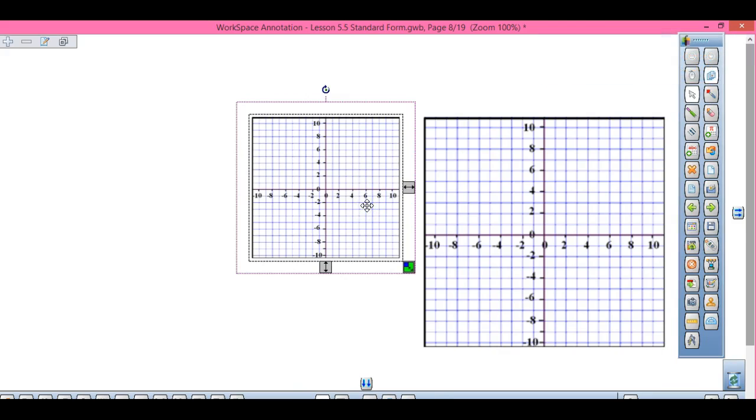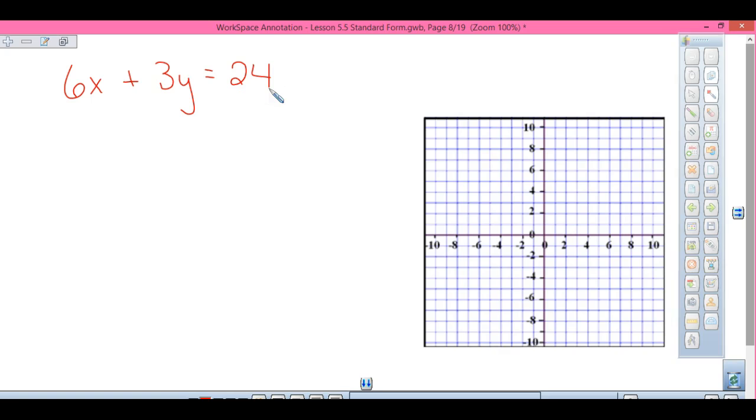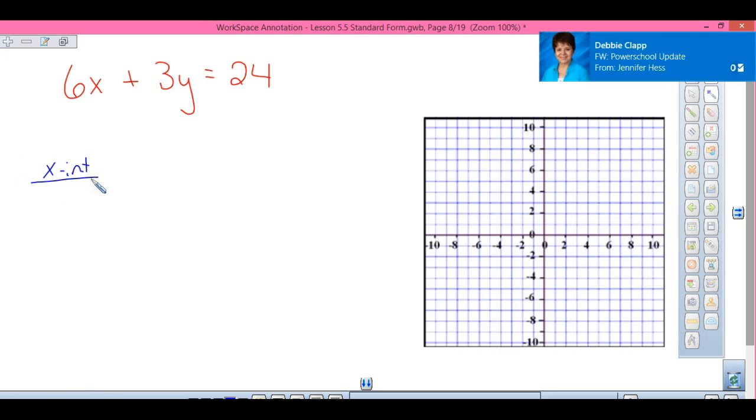How do we erase this guy? All right, so our equation is 6x plus 3y equals 24. Okay, x-intercept, I'm plugging 0 in for y.